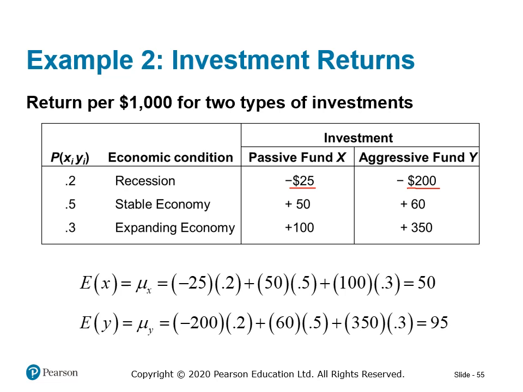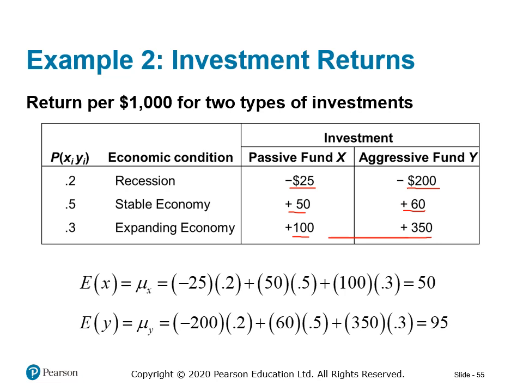If the economy is stable, I'm going to make $50 for my passive fund and $60 for my aggressive fund. If the economy expands, I'm going to make $100 for my passive fund and $350 for my aggressive fund.